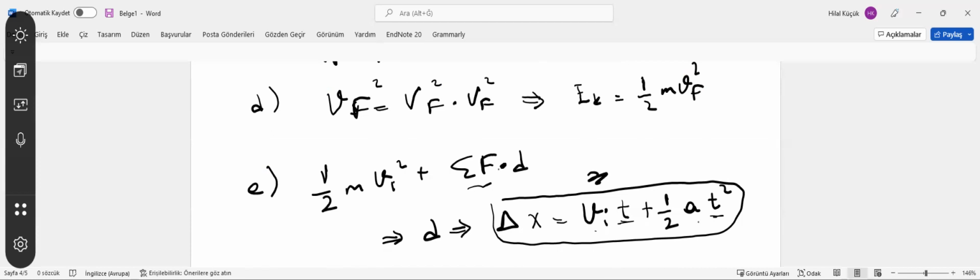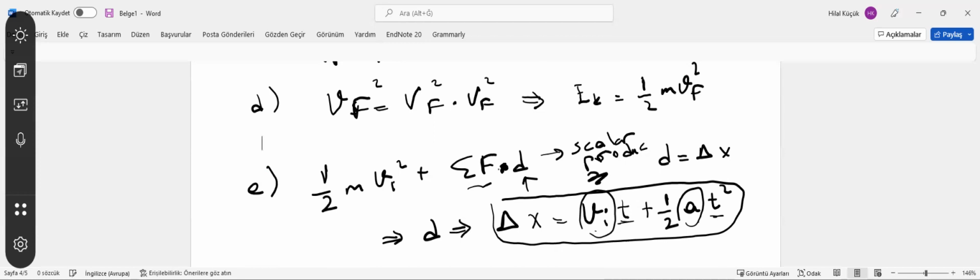I know delta x equal d. Please find this formula. We already know acceleration. You need to apply it here. Please be careful. You have to make a scalar product. I already know F. I already know D. Just you need to multiply with scalar product.